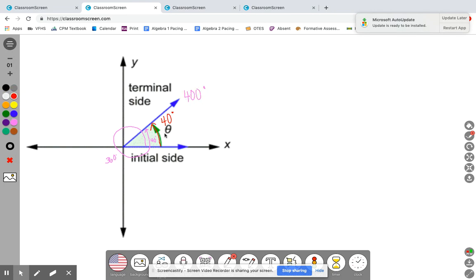So if I start with just a 40-degree angle, I know that it shares an initial side and a terminal side with 400 degrees. They share the same thing, even though one took another full rotation to get there.